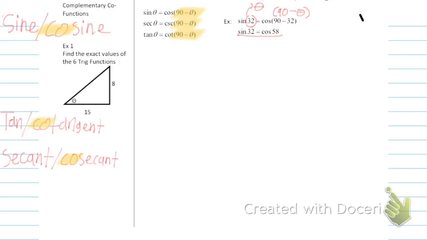So let me draw a triangle for a better visual. You're only supposed to use these formulas when you're trying to solve for complementary cofunctions. And if it's on a test or a worksheet, it's better if you make a triangle and remember these formulas.